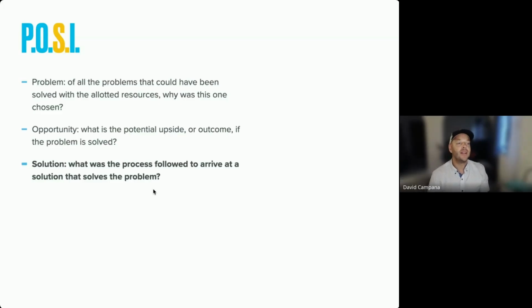Now, what is the actual solution that you created to solve this problem that we defined? The solution bit is usually the bit that comprises the majority of the case study. So you started with user research.